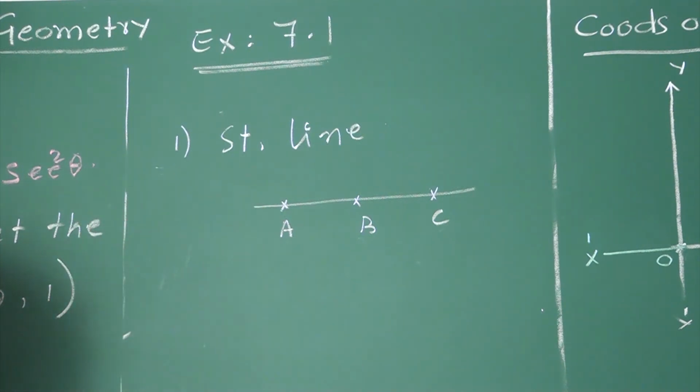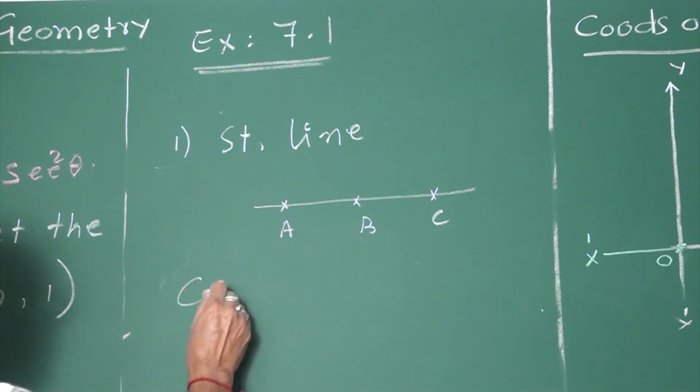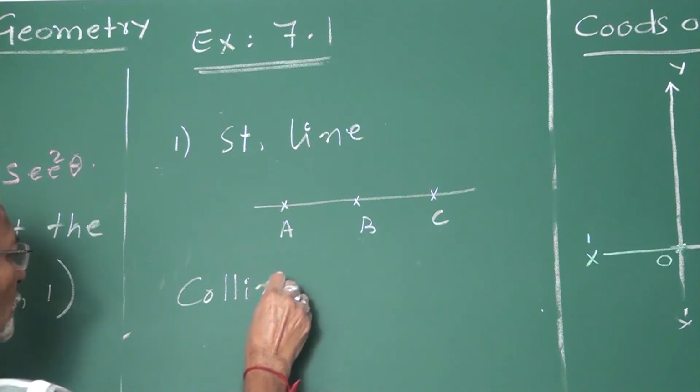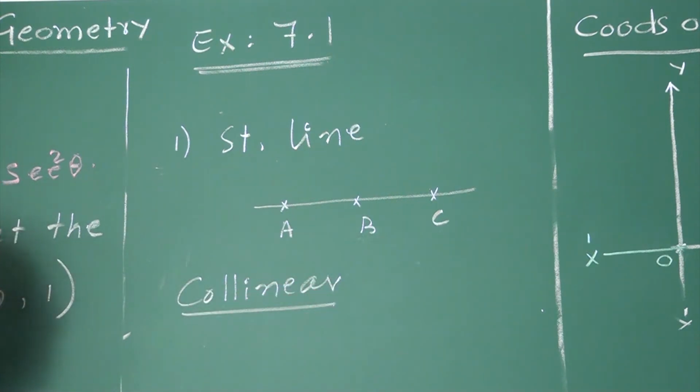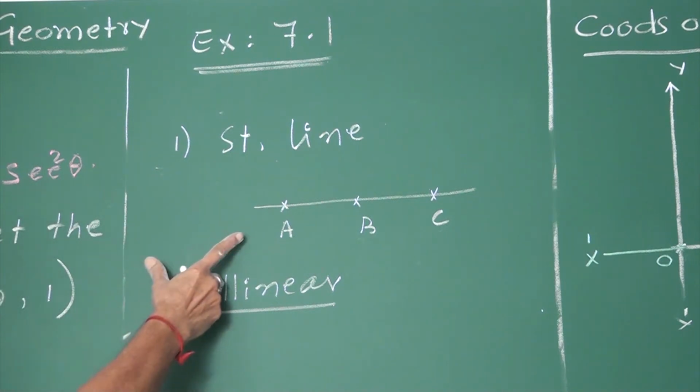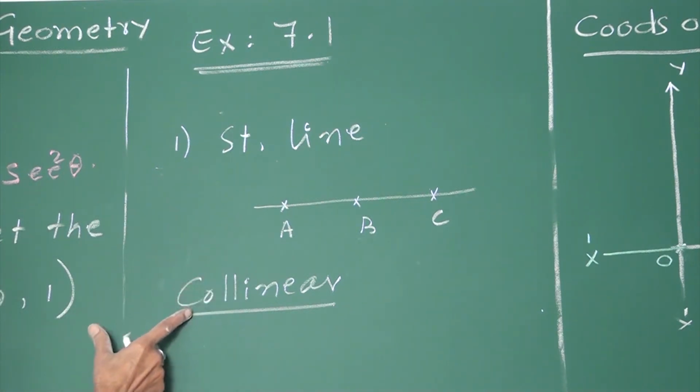In other words, the points are collinear. Collinear means lie on the same line. It is the condition for collinearity.